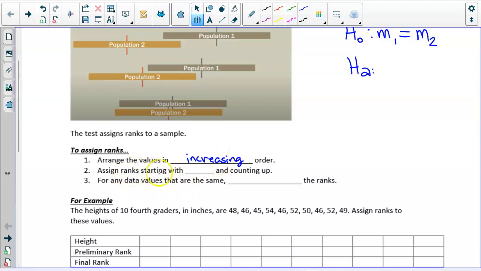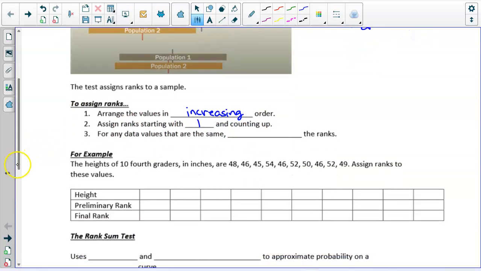Once you put them in order, you assign ranks, starting with 1 and counting up. And then for any data values that are the same, you're going to change those ranks. I'll show you what that means with this first little baby example, okay? Instead of running the whole test on this one, we're just going to practice that.